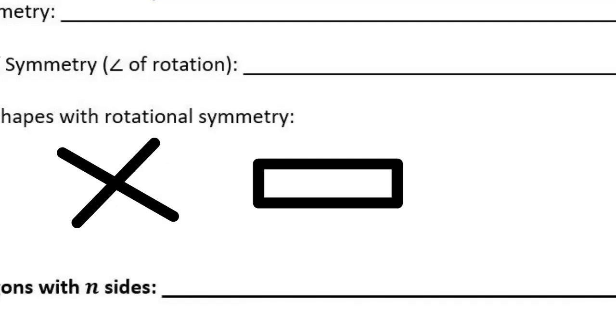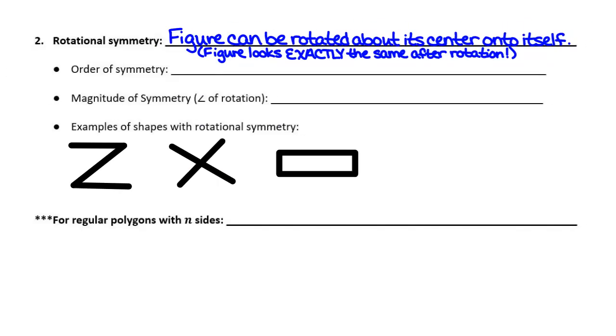I can't make it bigger, but I can read it. It says the figure can be rotated about its center onto itself. And then underneath in that smaller text, it says the figure looks exactly the same after rotation.